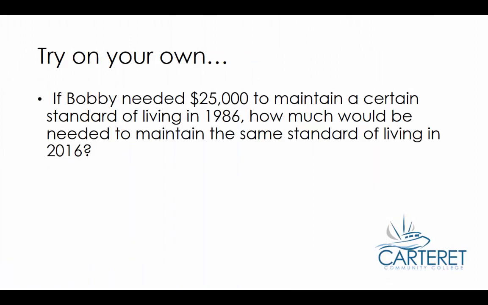Try the next example on your own. If Bobby needed $25,000 to maintain a certain standard of living in 1986, how much would be needed to maintain the same standard of living in 2016?